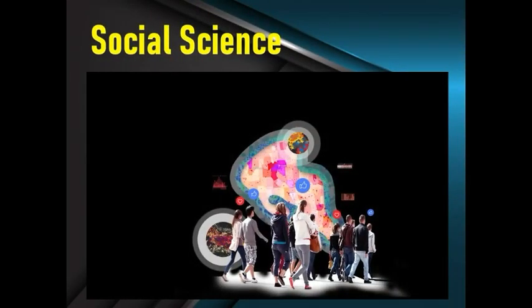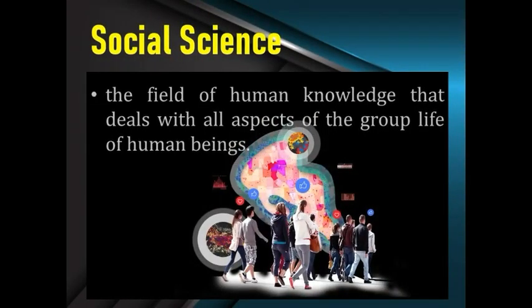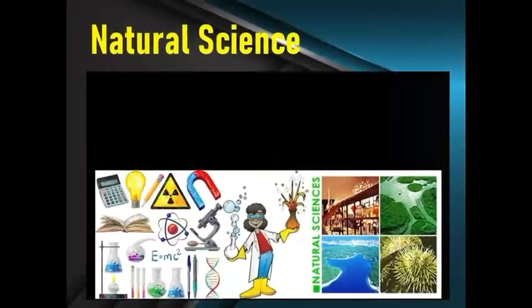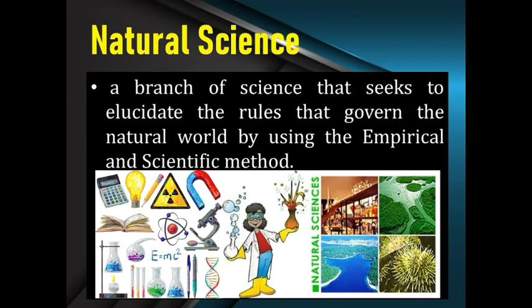First, social science. Social science is the field of human knowledge that deals with all aspects of the group life of human beings. Natural science is a branch of science that seeks to elucidate or clearly explain the rules that govern the natural world by using the empirical and scientific method.